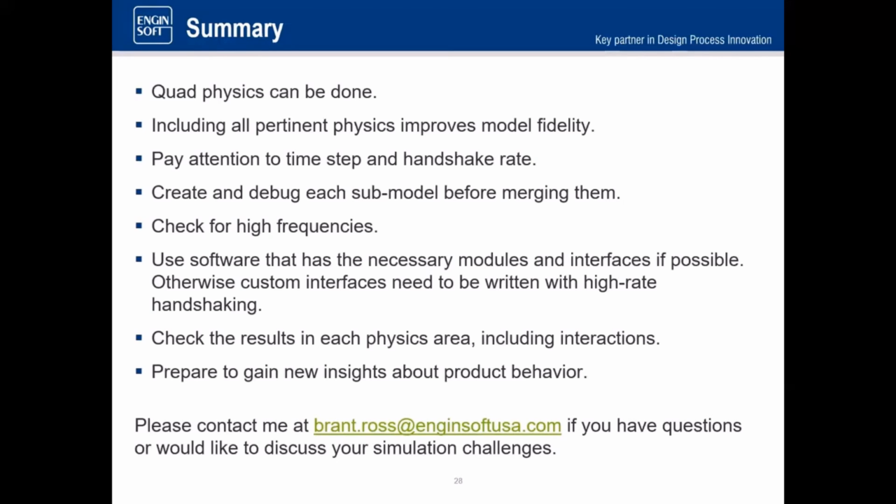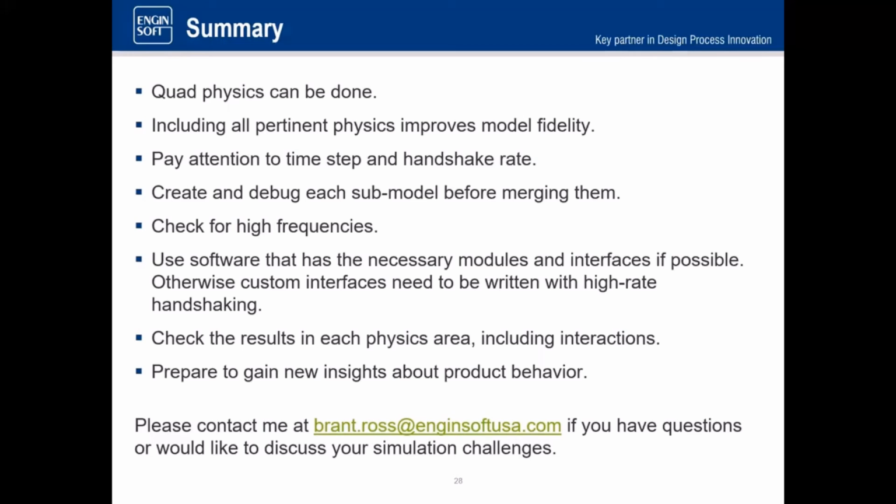Co-simulation not only with particle-based fluids, but also the discrete element modeling, the granular type things, through the EDM software, so you can actually look at non-spherical particles interacting.